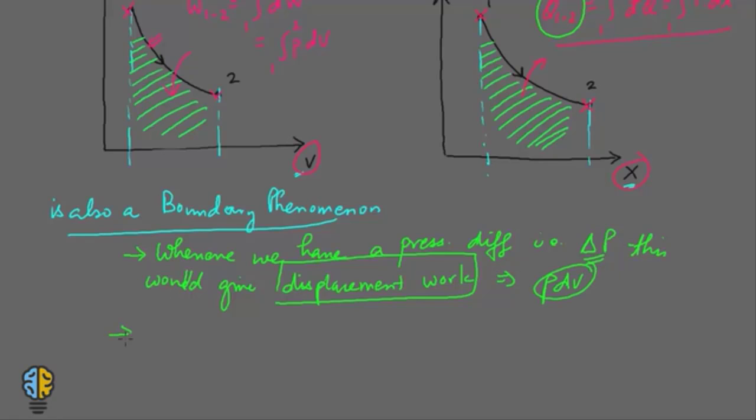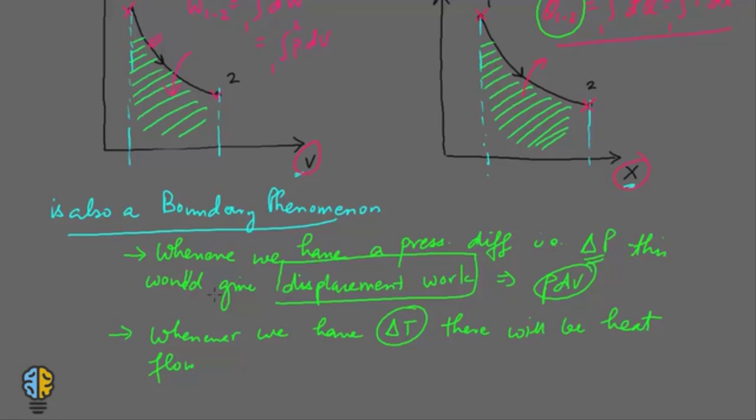Now, in the case of heat, whenever we have a temperature difference, that is delta T in this case, there will be heat flow. Now, the direction of heat flow can be from system to surroundings, or it can be from surroundings to system, depending upon the temperature values of system and surroundings.